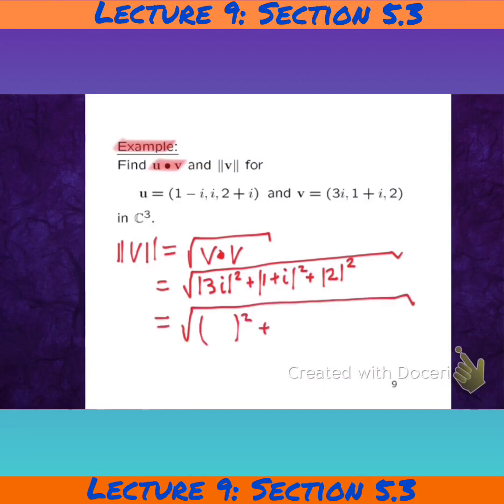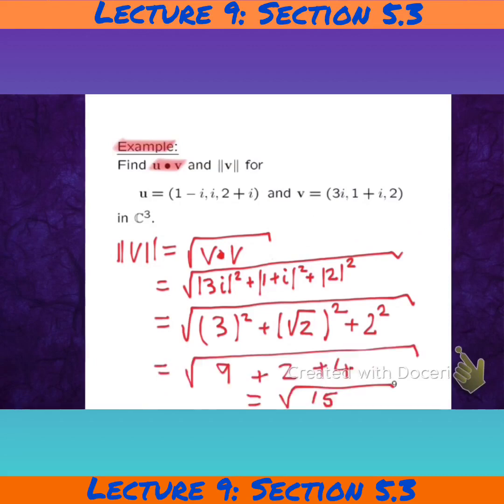The modulus of 3i is the square root of 0 squared plus 3 squared, which is 3. The modulus of 1 plus i is the square root of 1 squared plus 1 squared, which is the square root of 2. And the modulus of 2 is the square root of 2 squared plus 0 squared, which is 2. So that's going to be the square root of 15.